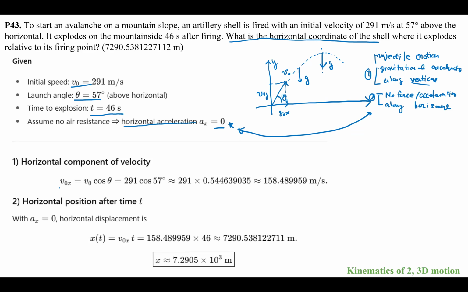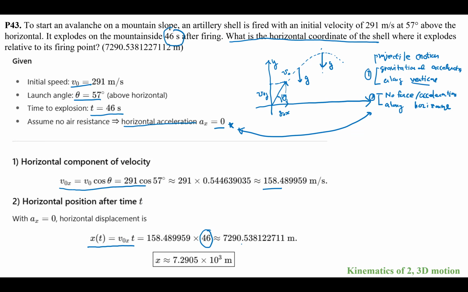So for the horizontal direction, we have this number here, and we need to find the horizontal position after time t. Because there's no acceleration, position is given by V0x times t, right? It's a constant speed. We just plug in the 46 seconds here, and then you get this number.